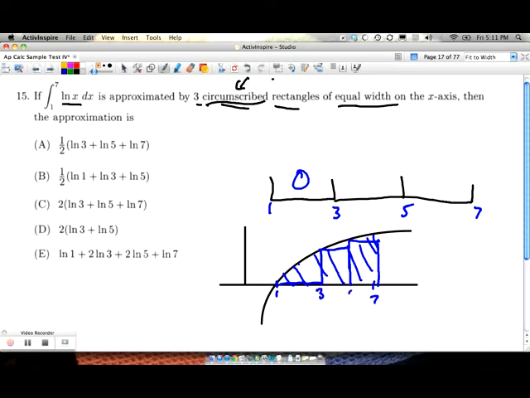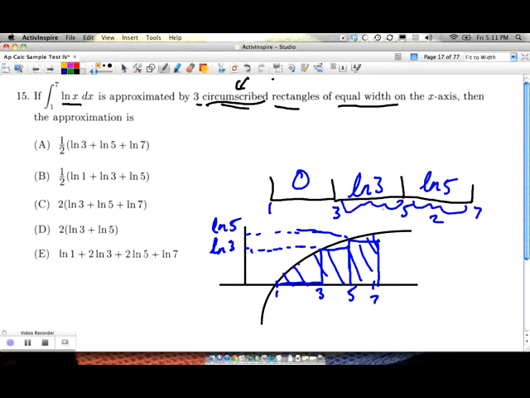So this next one is going to be 3, and this is going to be 5. The height of the second rectangle is natural log of 3, and the height of the next one is natural log of 5, times the width, which in each of these is 2.